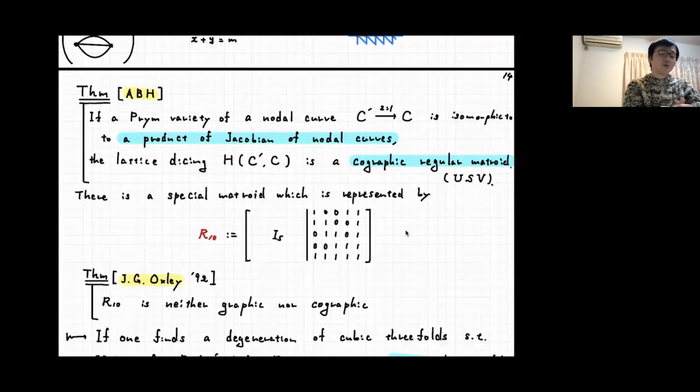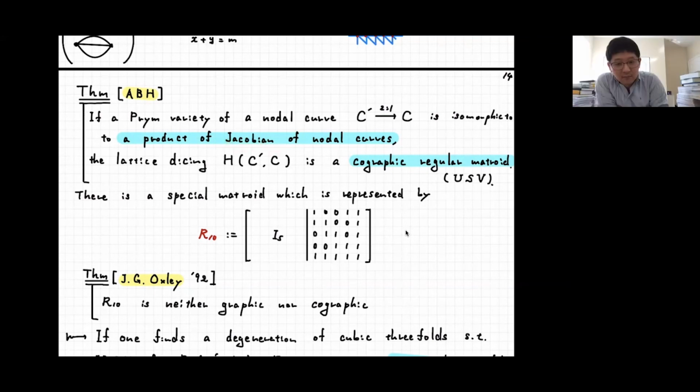This explains that such a lattice testing has good information of the known, more classical degeneration theory of the Jacobian itself. So the lattice testing can give the connection between the theory of the degeneration of the Jacobian and the theory of the degeneration of the Prym variety. Via this connection, I think this theorem was proven.